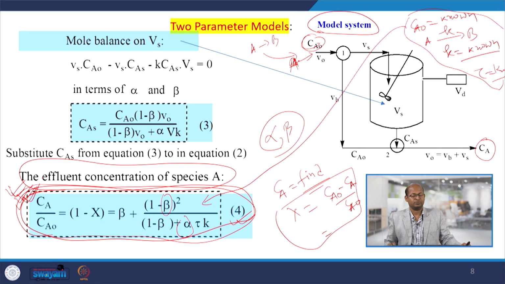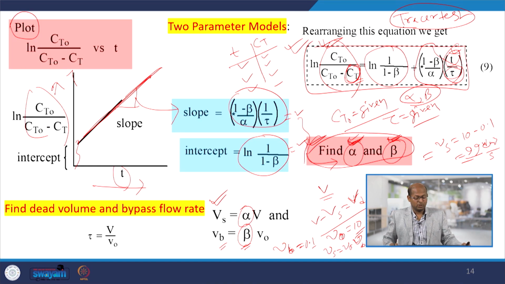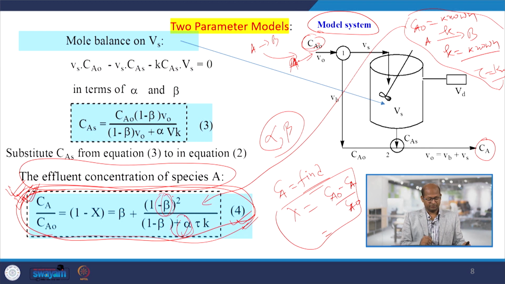These equations 4 and 9 are useful to find the actual conversion. Now, in the tracer test, from equation 9, we plot this, and from the tracer experiments we can find the alpha and beta values. Those alpha and beta values are needed to solve equation 4.